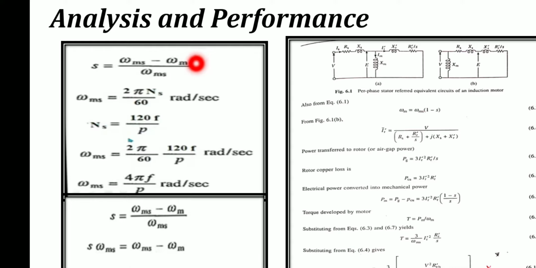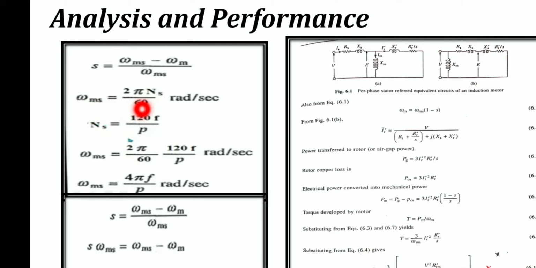But when we consider it with respect to the angular velocity, omega ms, it is the angular synchronous speed minus the rotor speed, divided by the angular synchronous speed itself. Getting my point? So this is going to be expressed in terms of radian per second.